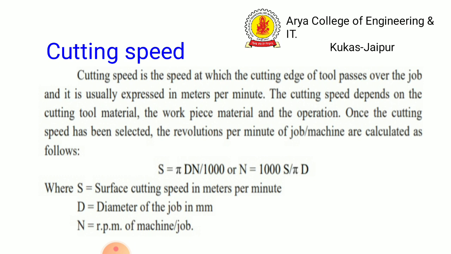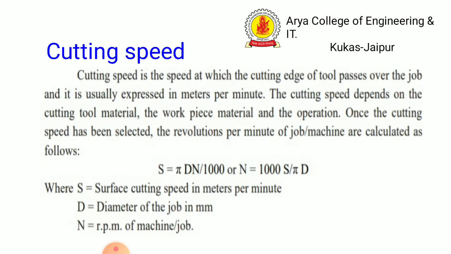Once the cutting speed has been selected, the revolutions per minute of the job are calculated with the following formula: S equals pi D N divided by 1000, or N equals 1000 S divided by pi D, where S represents the surface cutting speed in meters per minute, D represents the diameter of the job in mm, and N represents the RPM of the job.